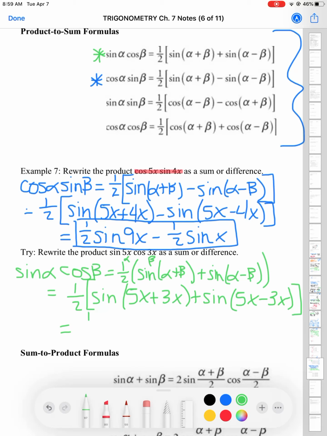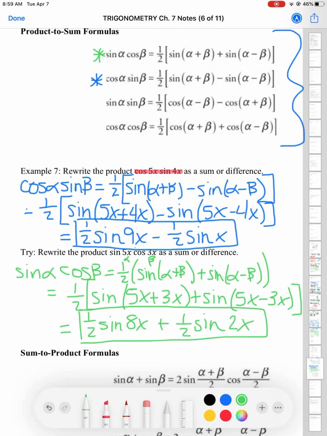So just like in example 7, let's distribute the half. So we've got 1/2 sine 5x plus 3x is 8x. And then we've got 1/2 sine 5x minus 3x is 2x. So we've successfully rewritten this product as a sum this time.